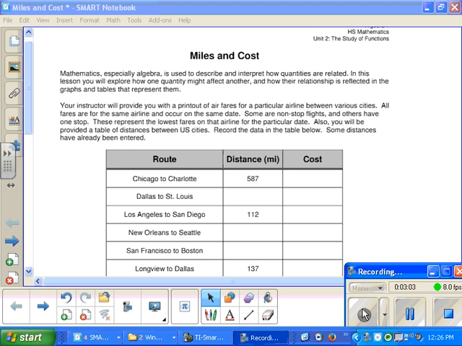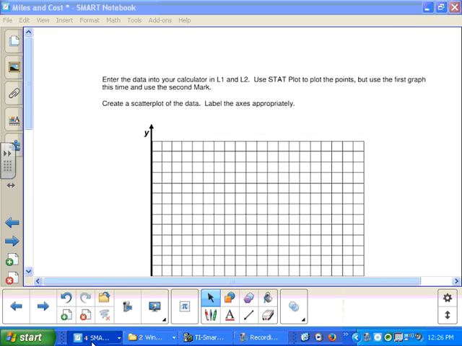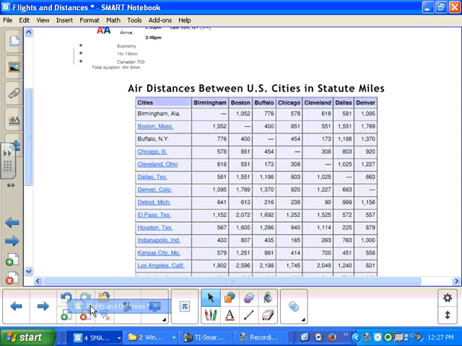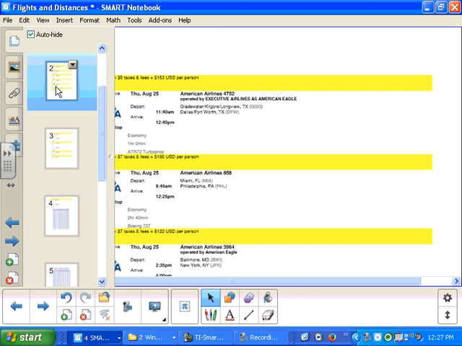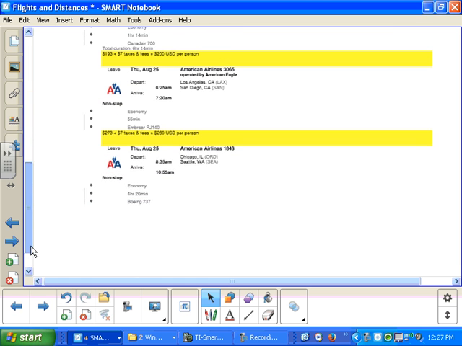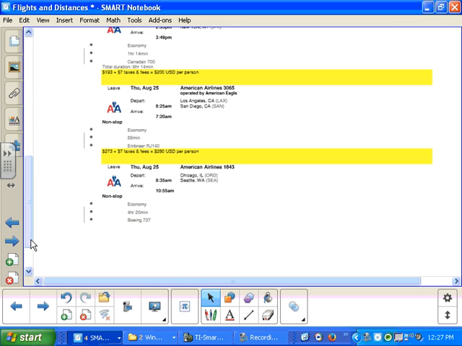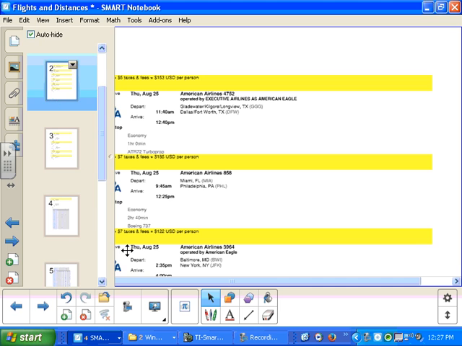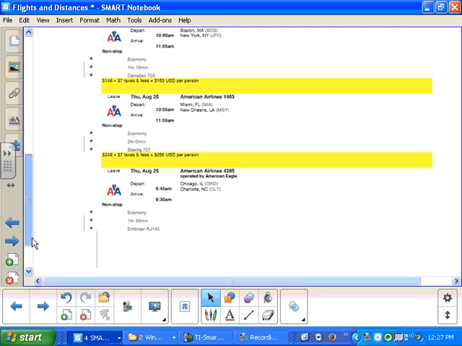From Chicago to Charlotte, you're looking for the cost, okay? So you're going to look at your paper here. And we want to go to the cost one, which is going to be this one. And I think it's at the bottom of the second page for those of you that have it. So from Chicago to Charlotte, here.